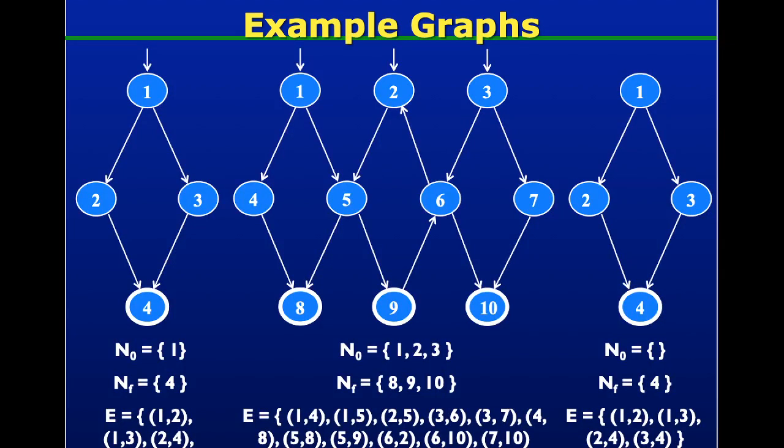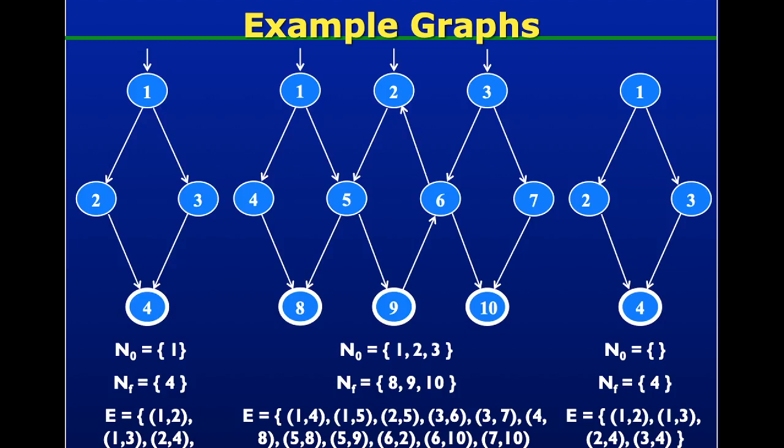Let's look at some example graphs so you can visualize them more easily. For the first graph, you can see there are four nodes, counting from 1 to 4, with node 1 connecting to 2 and 3, and node 2 connecting to 4 as well as node 3.